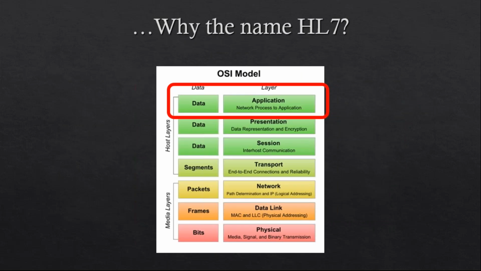As I said just now, why the name HL7? In the OSI model we have 7 layers: application, presentation, session, transport, network, data link, and physical. Whatever we see in the front end when we use a Word document or look at a website is not actually relying on our system.